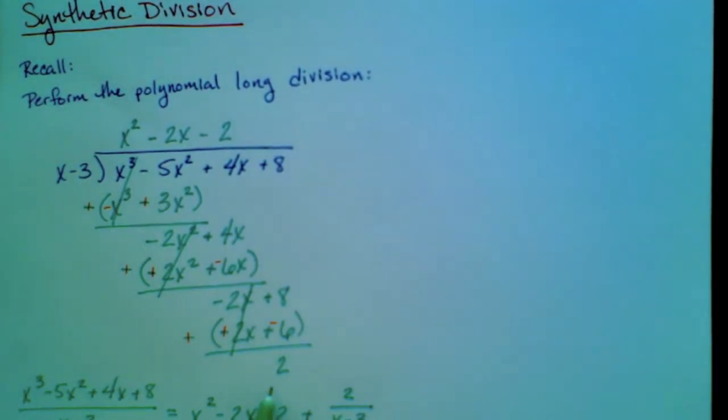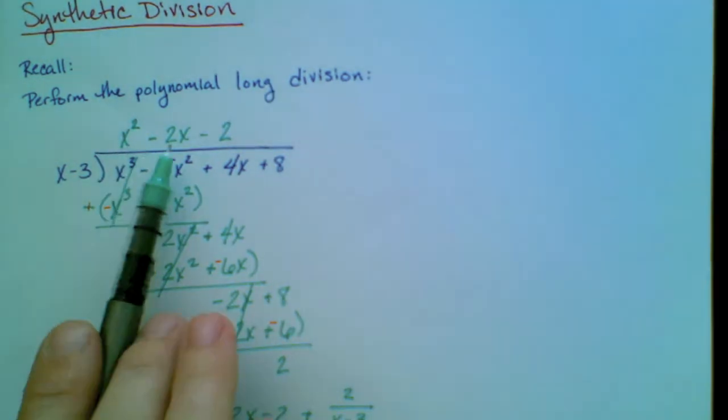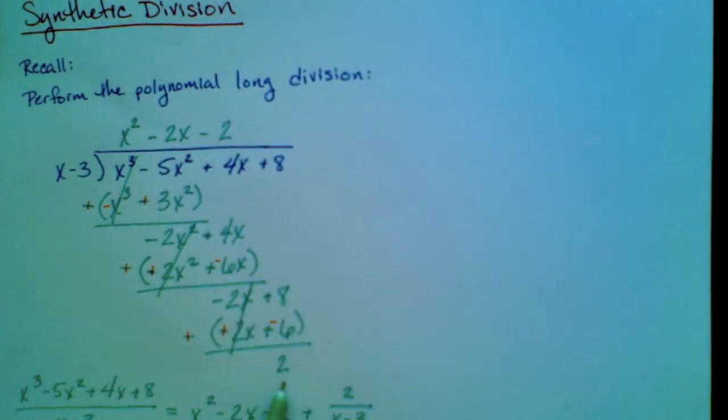You do need to be aware that that 2 is called a remainder. And you need to be able to answer in both ways: a quotient of x squared minus 2x minus 2 with a remainder of 2, or x squared minus 2x minus 2 plus 2 over x minus 3. Now that's polynomial long division.